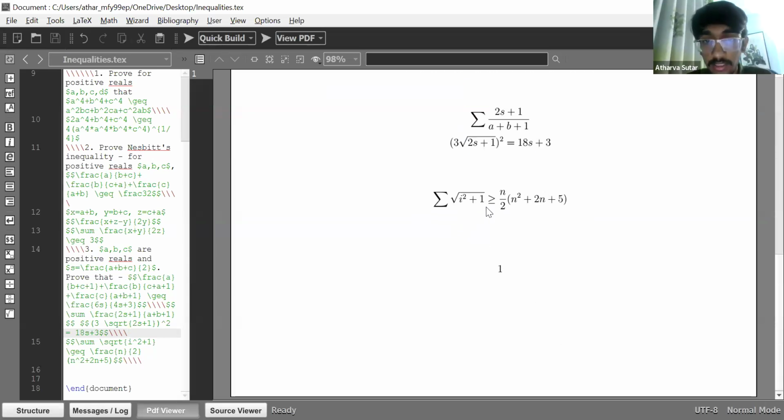You need to prove this inequality. For i from 1 to n, you need to prove that this holds. So looking at this problem, does anyone have an idea of what the function would be?